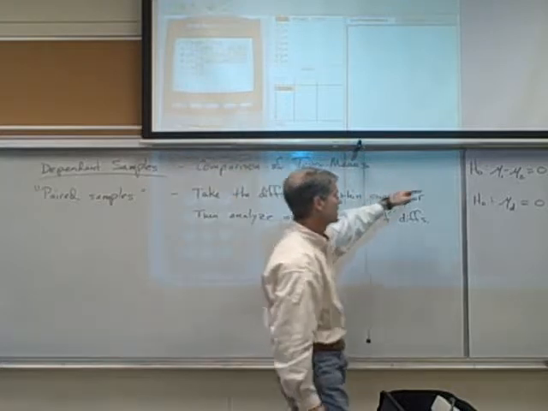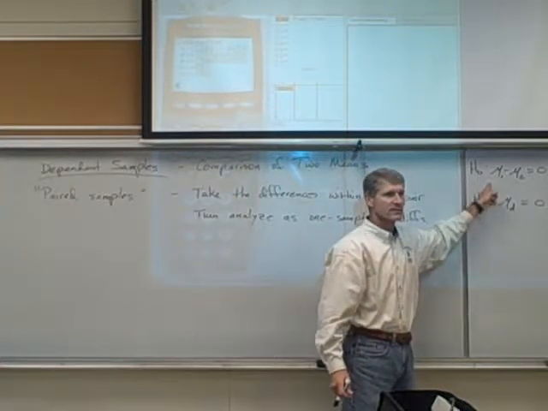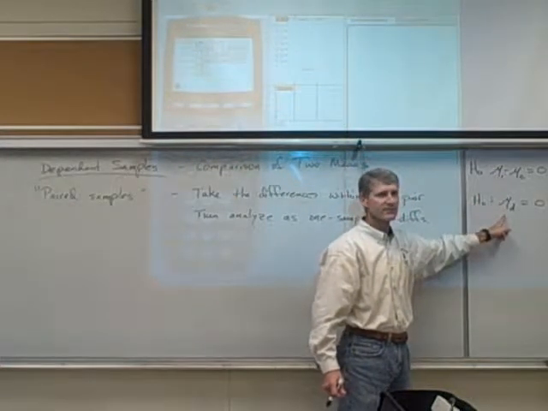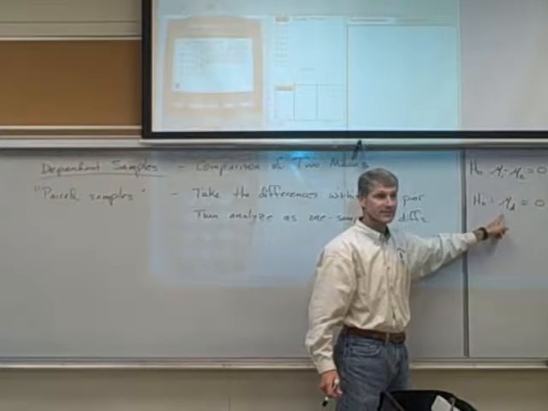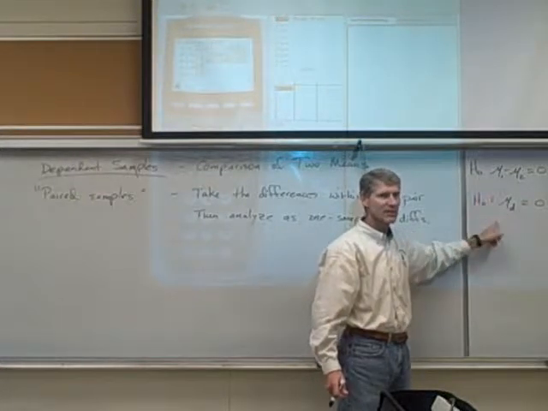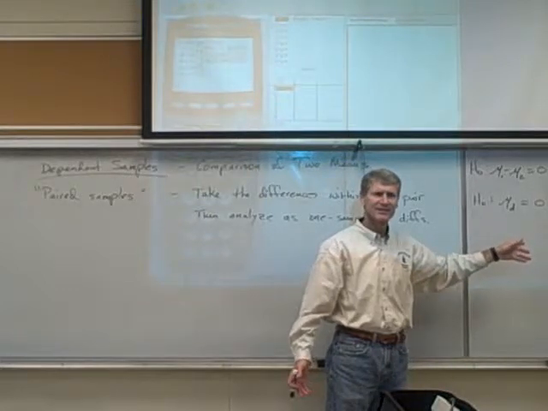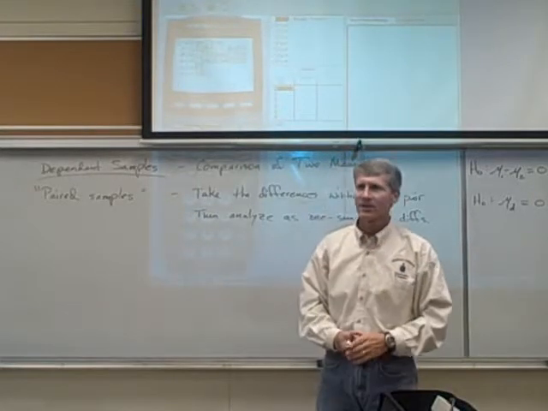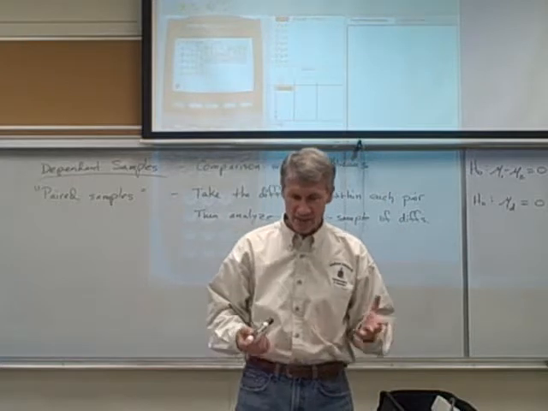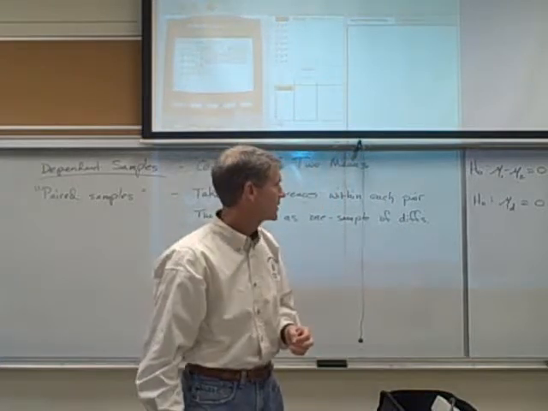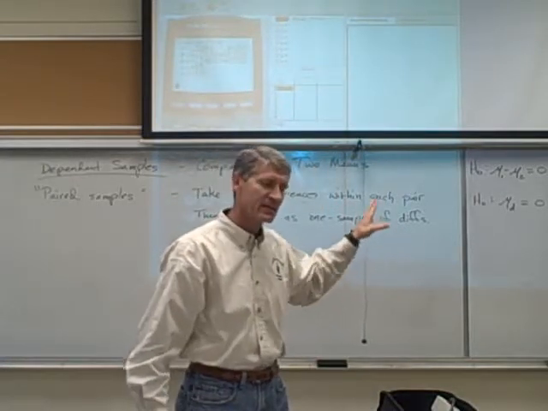This is a difference of two means. This is the mean of differences. Right? So difference of means, mean of differences. Is that the same thing? Well, we'll talk about that more. It can be the same thing. When you have paired samples, they are the same thing.